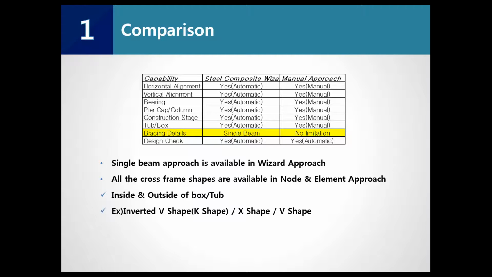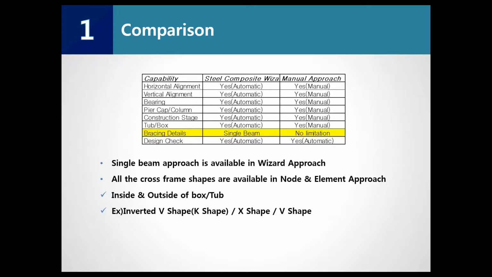First, both widget and node and element are fully available in any horizontal alignment type, such as straight, curved, skewed, and even vertical alignment. Also, the capability in designing bearing, pier cap, column, and top box section modeling are the same. However, the widget can automatically generate those features with ease.